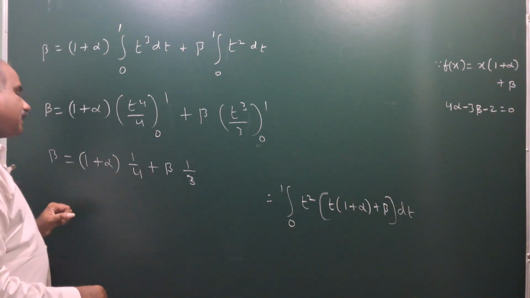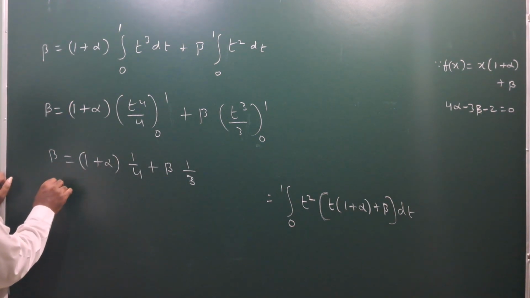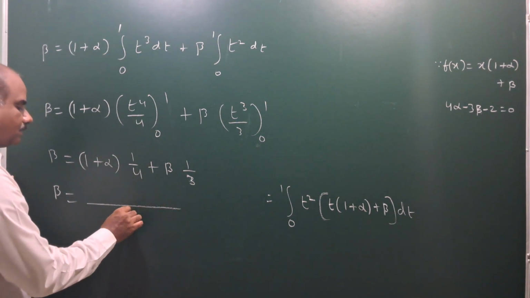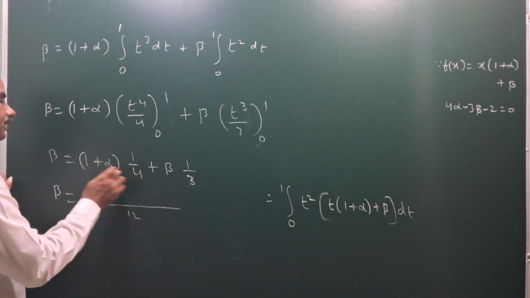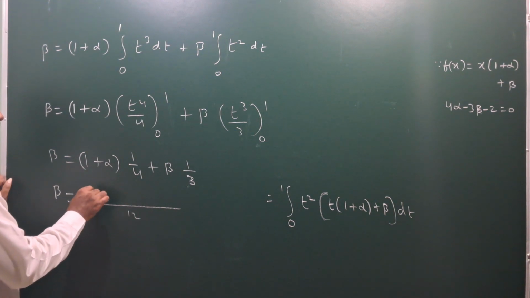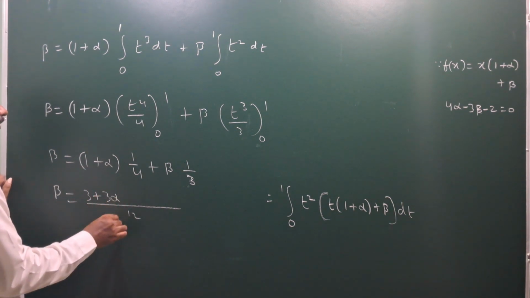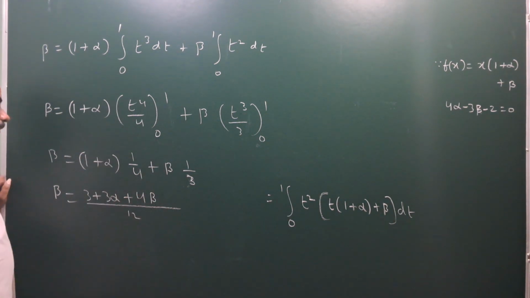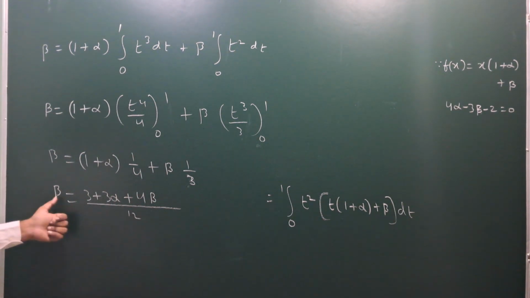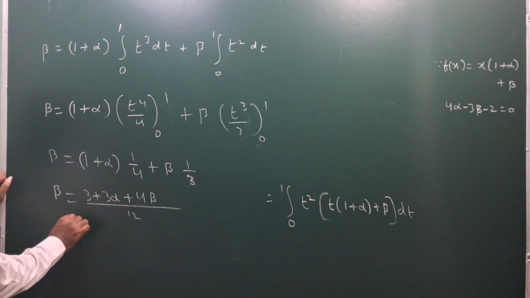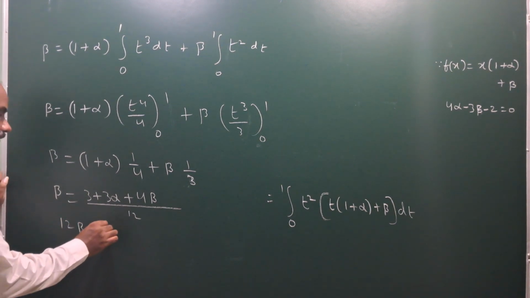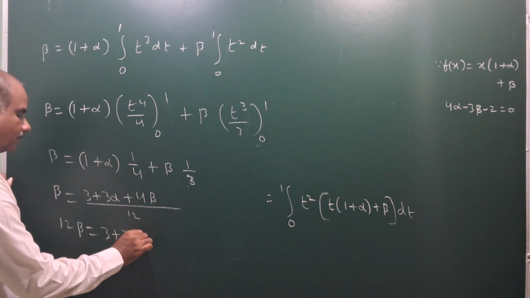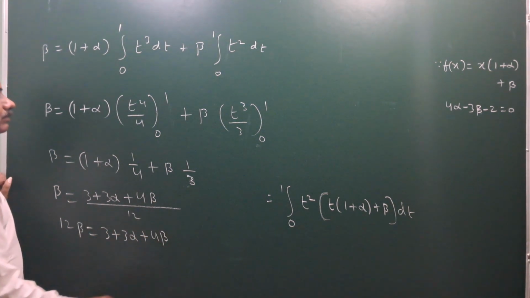So here also we take LCM. Beta is equal to, so 4 into 3 is 12, the LCM. So 3 into 1 plus alpha: 3 into 1 is 3 plus 3 into alpha is 3 alpha, plus 4 into beta is 4 beta. So transposing 12 to the left side, 12 beta is equal to 3 plus 3 alpha plus 4 beta.